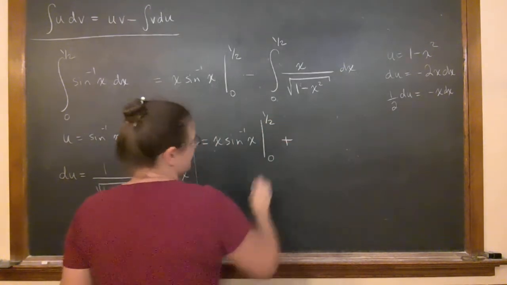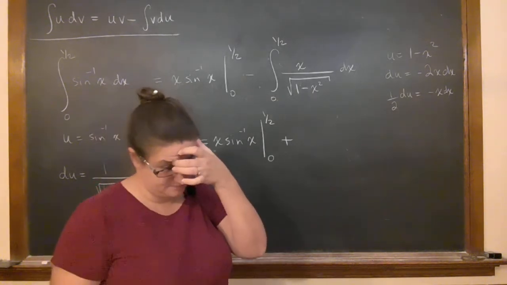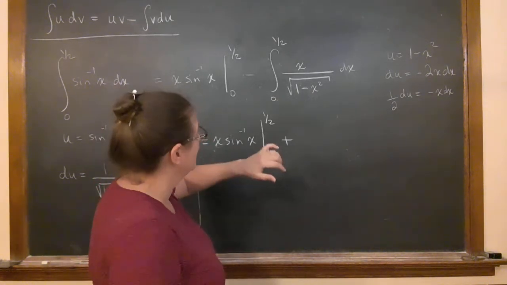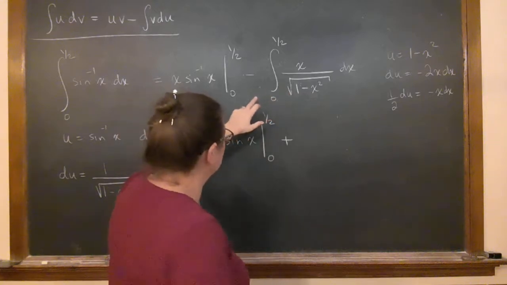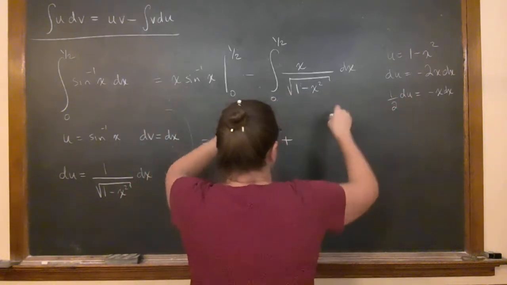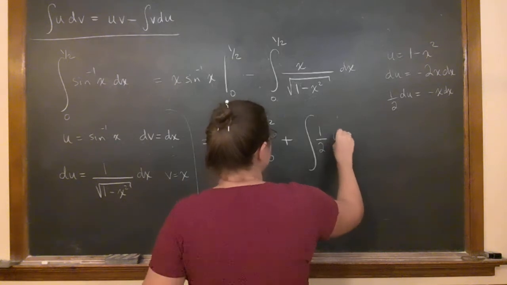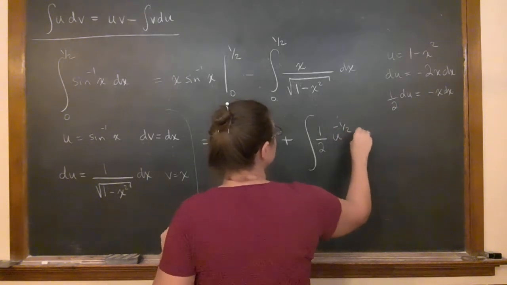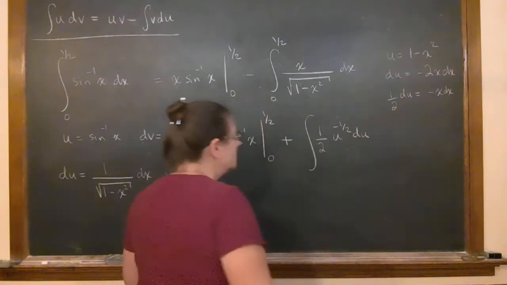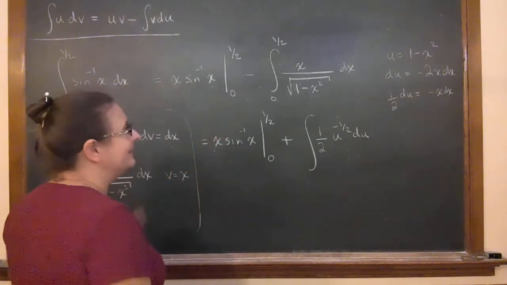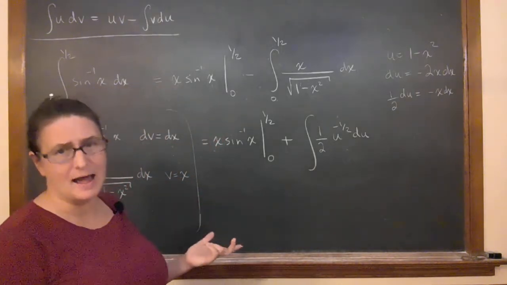So that's what I'm going to do. If I make this substitution, the minus, etc., I'm going to end up with 1/2 u to the negative 1/2 du, right? So when I integrate that, it's just u to the 1/2, right?